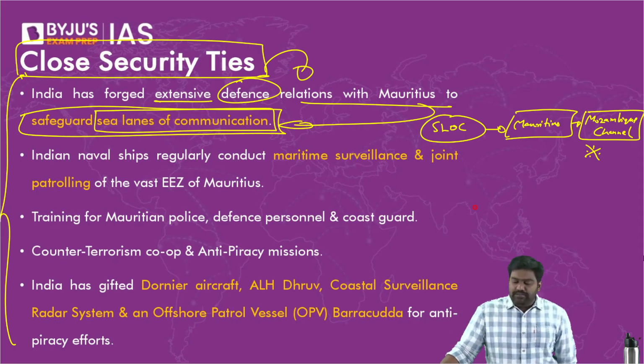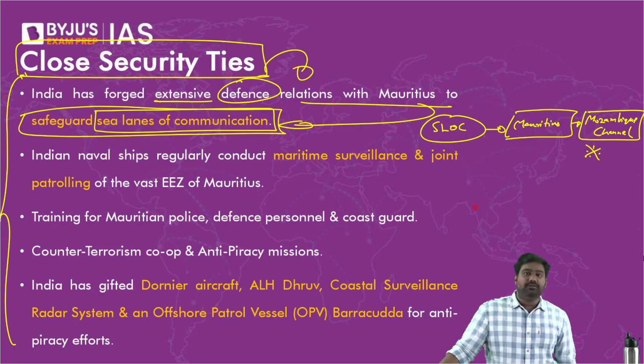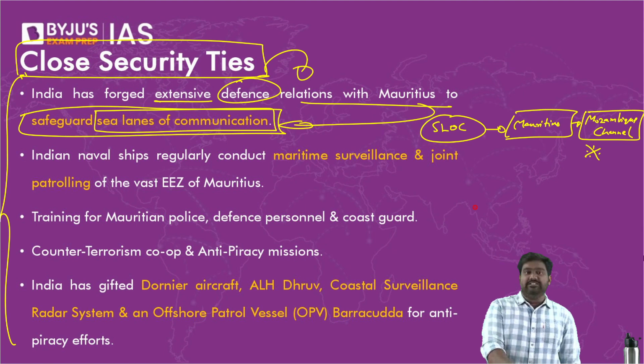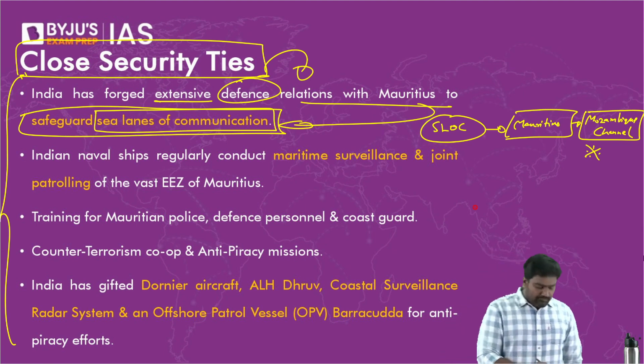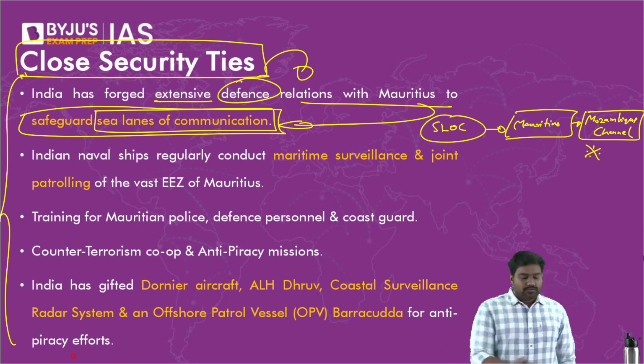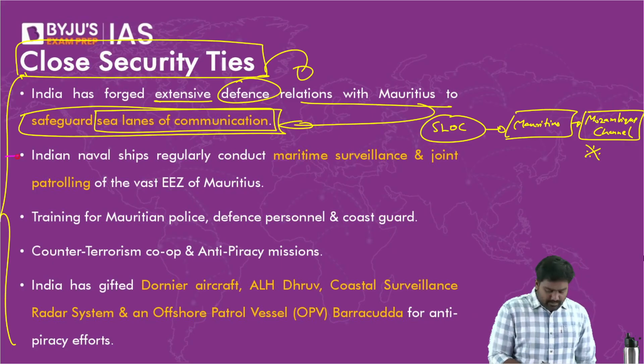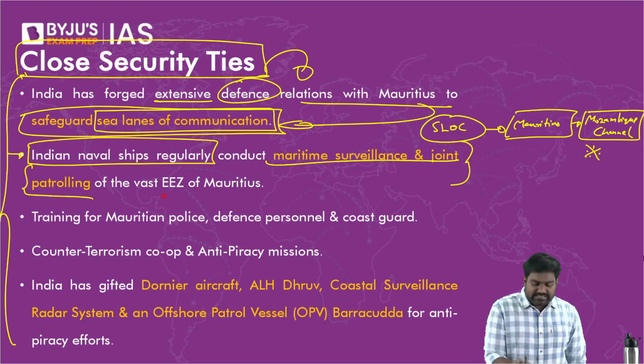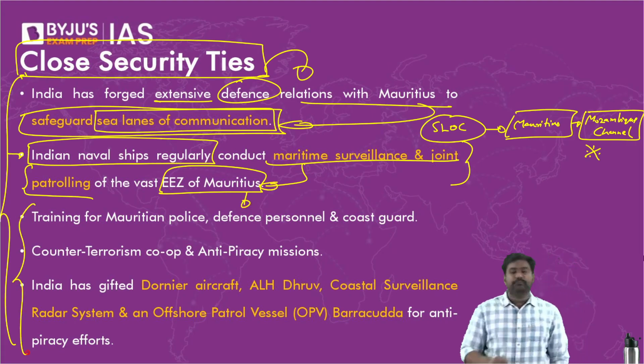So having a military presence in and around Mauritius, protecting its exclusive economic zone, working with it to defend and protect the sea lanes of communication will be vital for Indian interests. So that is why Indian naval ships and aircraft are deployed here. Regularly, we conduct patrolling, surveillance and joint exercises with Mauritius to monitor its exclusive economic zone.